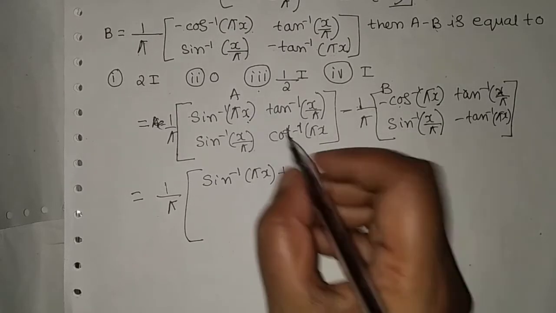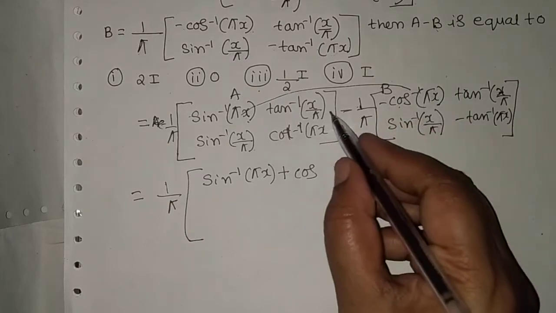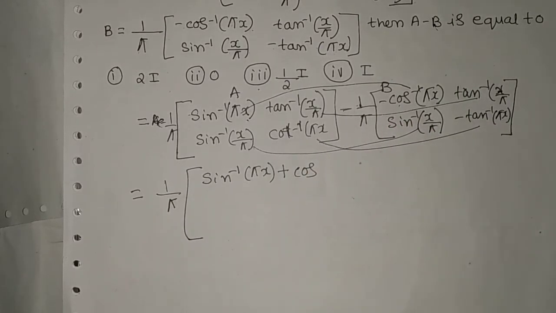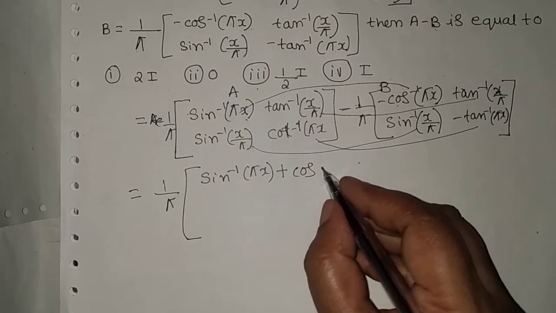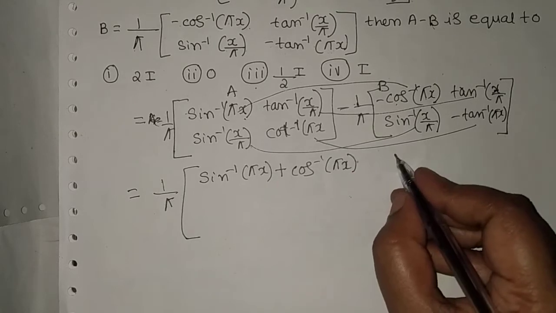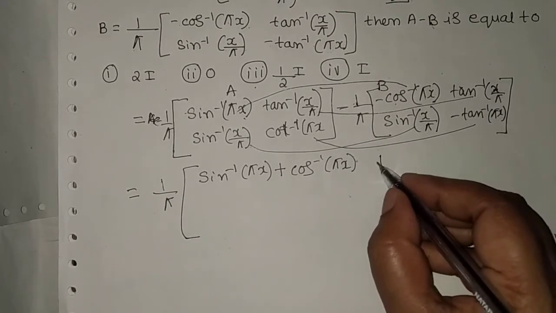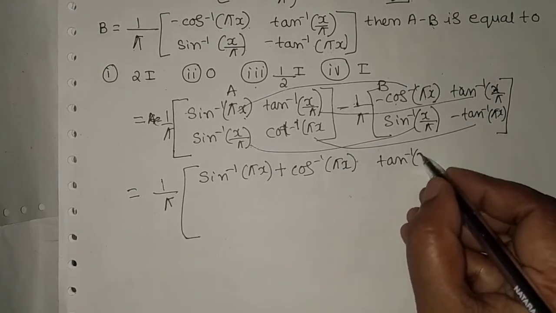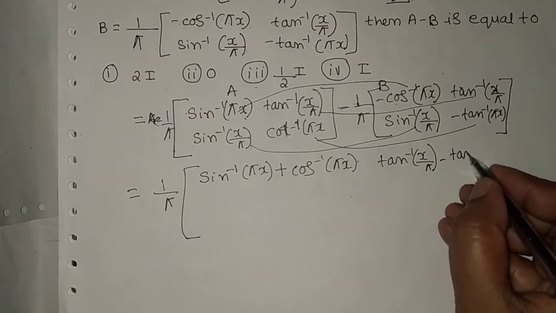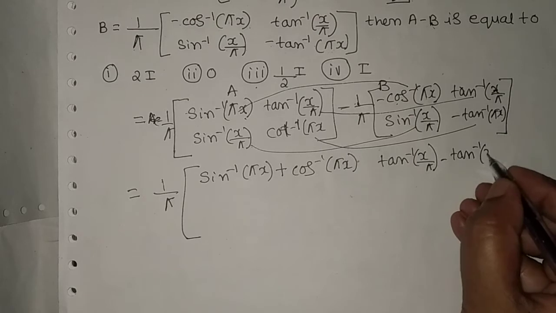So this and this, this and this, the elements we have to take. Therefore here cos inverse pi x. Next, tan inverse x by pi minus tan inverse x by pi.